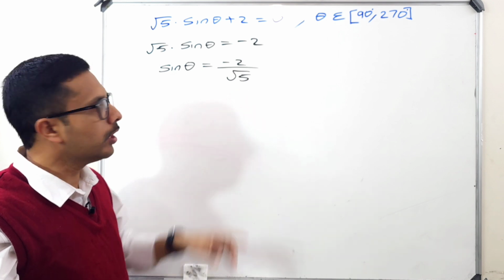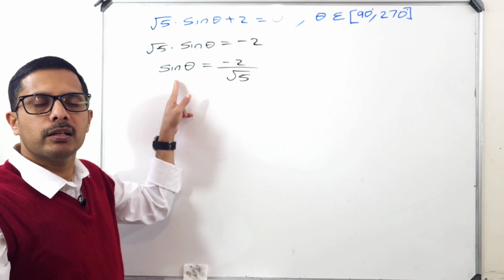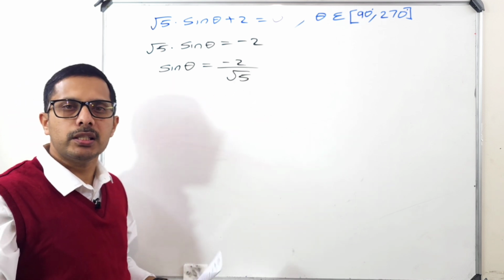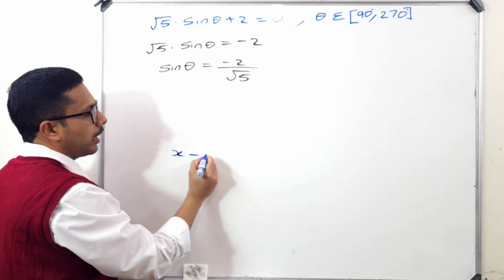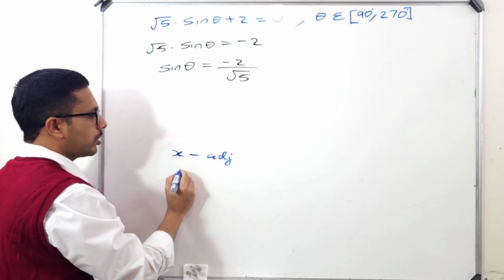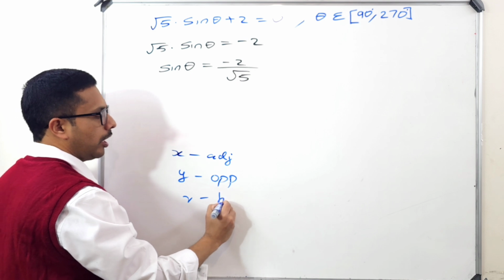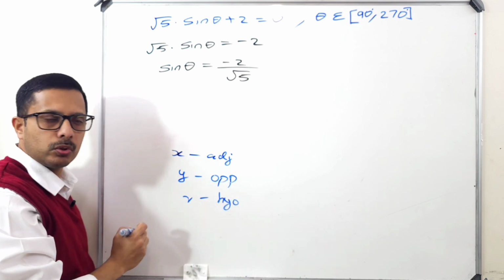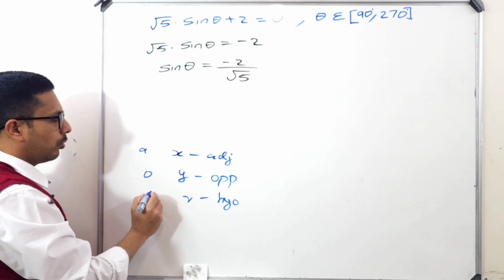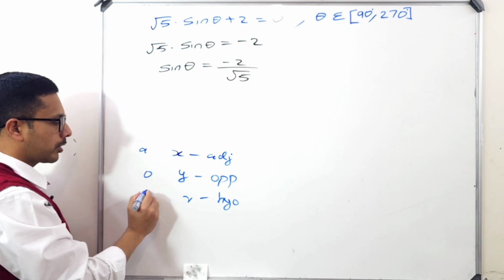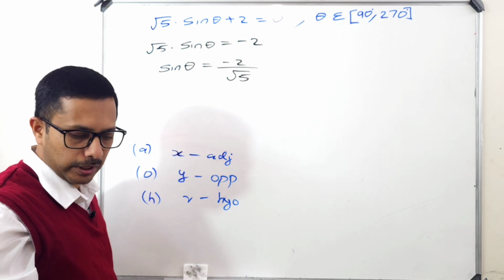Am I right? Now in your class you studied the definition of sine theta in terms of x, y and r. X stands for adjacent side, y stands for opposite side, and r stands for hypotenuse. In some schools it is adjacent side A, opposite side O, and hypotenuse represented with H. If you practice like that, you can follow that, no problem.